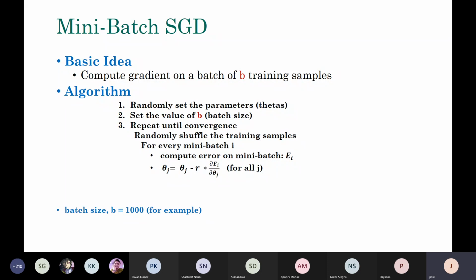Say you have training samples, x1, y1, x2, y2, x3, y3. The x's are basically the feature vectors, and the y's are the labels. Now you are choosing this one particular sample.